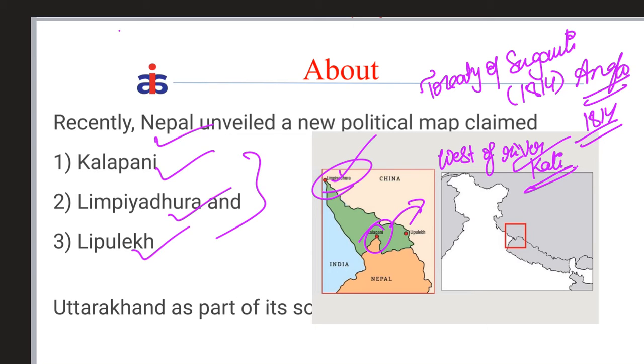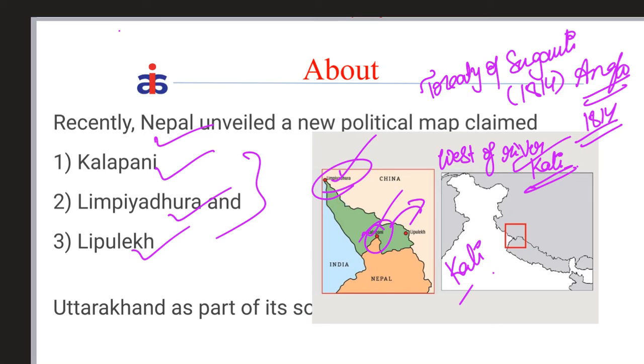India, on the other hand, says that the border begins at this region called Kalapani, which India says is where the river begins. The dispute is mainly because of the varying interpretation of the origin of this river Kali. So this is the problem.